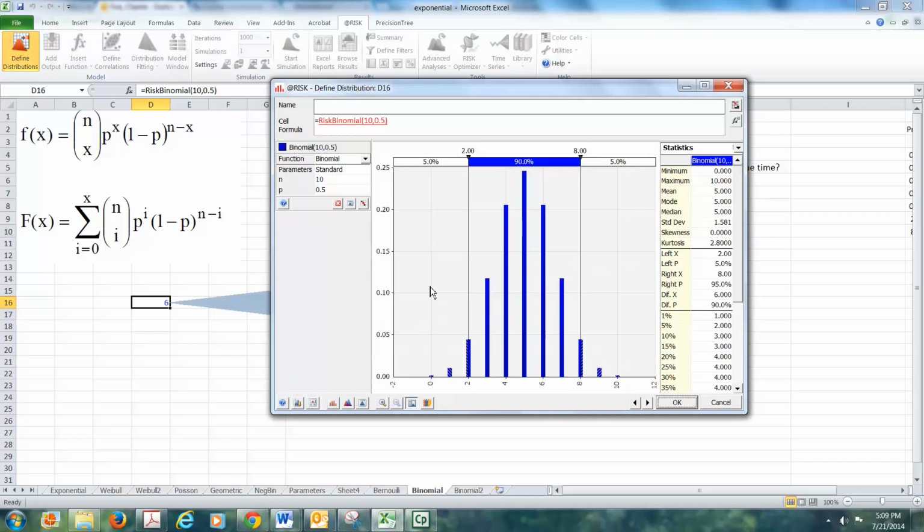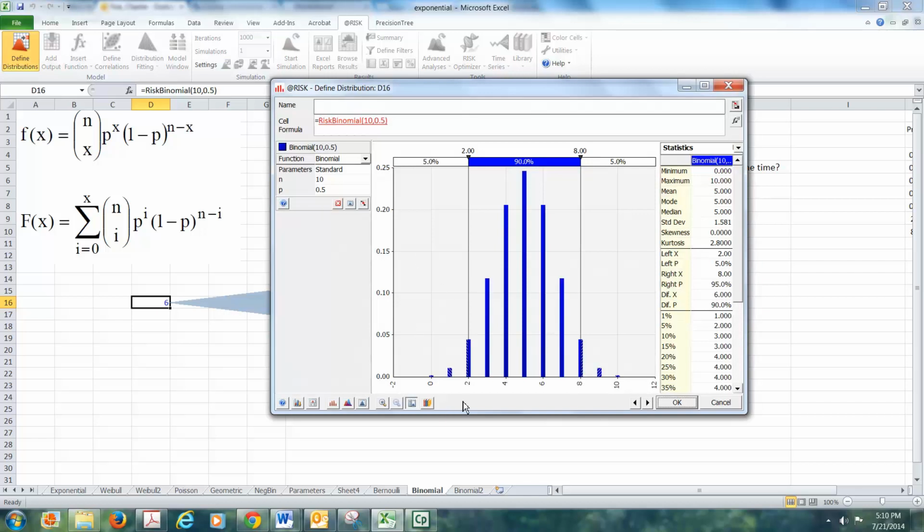We're playing 10 games, so n equals 10. Each trial can result in just two possible outcomes: win or lose the game. The probability of success is constant at 0.5 on every trial, or every game, and the trials are independent. Winning one game does not affect whether you win any other games.